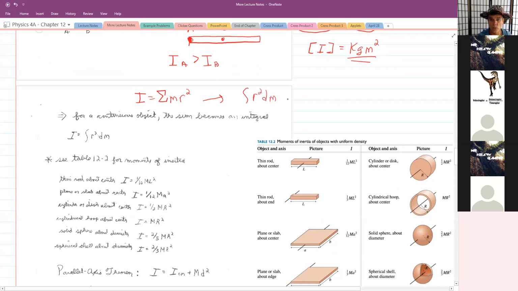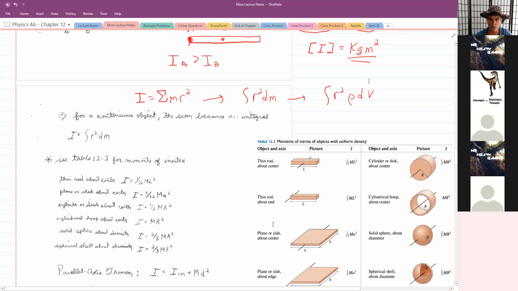And again, the way you would do this mathematically is an integral of r squared times rho dV. And how you would do dV depends upon whether you're doing cylindrical, rectangular, or spherical coordinates. If there were more time, I'd do a couple of these moments of inertia because the math is pretty cool.